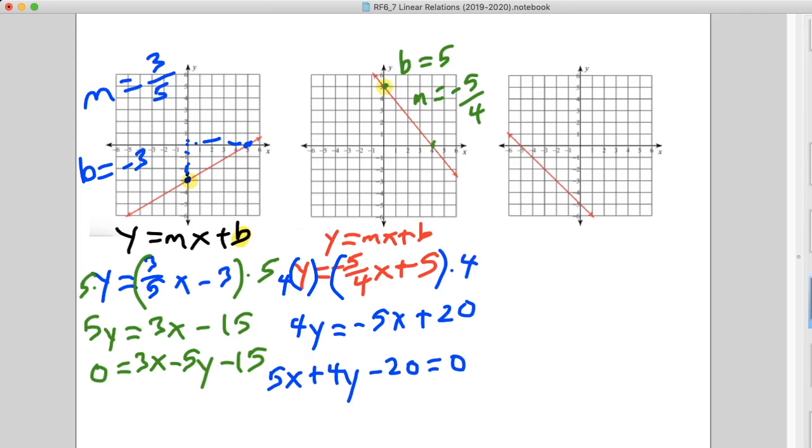Last but not least, we're going to look at example number 3 on this page. We're going to identify your b value as a negative 5. And then for your slope, we're going to look at 2 of your lattice points. B is equal to negative 5. So our first lattice point, we can just use our y-intercept.